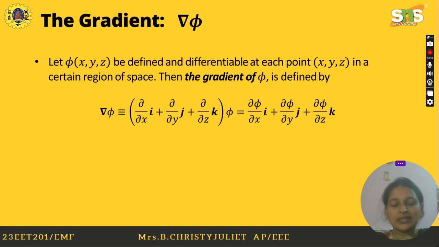So the temperature is a scalar, but it gradually reduces in a particular direction. So the resultant will be a vector, and that is called the temperature gradient. How do we calculate this temperature gradient? We perform the gradient operation by applying del to the scalar. Here the scalar is the temperature, so the resultant will be a vector.